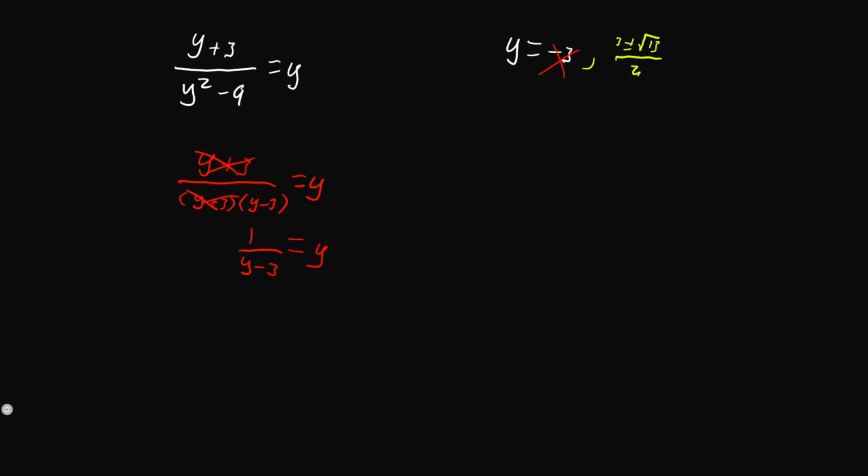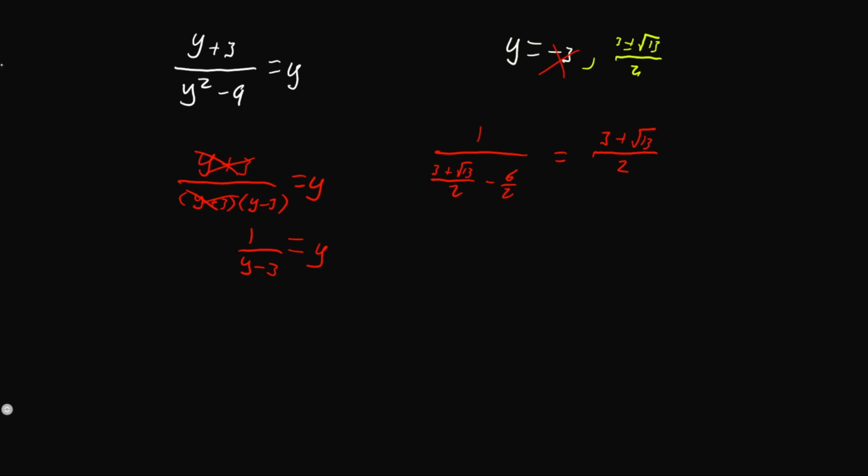So now we just want to see what our fraction is going to tell us when we plug in 3 plus root 13 over 2. So we have 1 over 3 plus root 13 over 2 minus 6 over 2 is equal to 3 plus root 13 over 2. So here, what we're going to do now is simplify the left side to get exactly this.